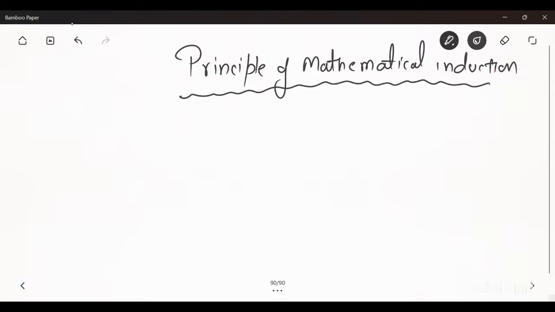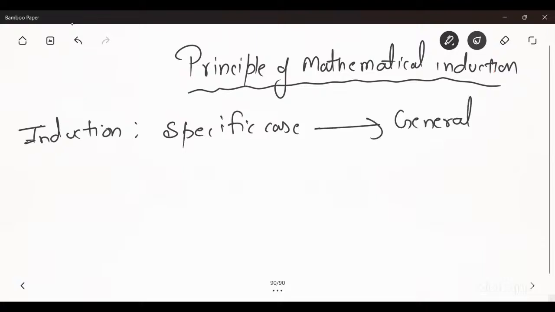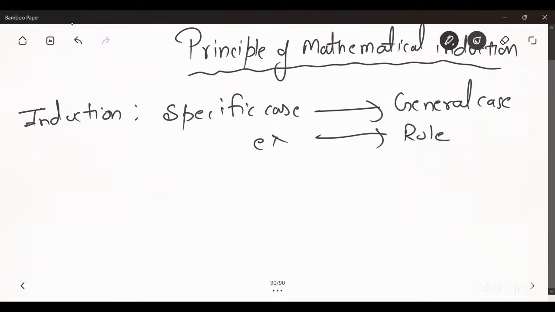Now, what is induction? Firstly, take what is induction. Induction means a specific case to general case, or you can simply say that example to rule is considered as the induction method.